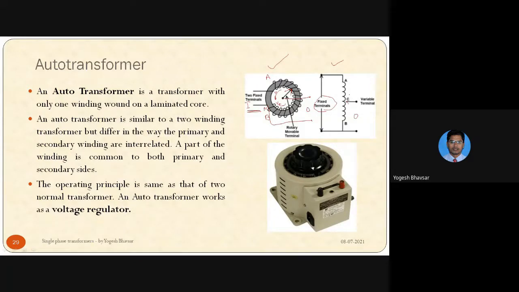When we slide this up, we get increased voltage, and when we decrease it, we get decreased voltage. So this is the variable terminal by which we can get any desired voltage from this auto transformer. This is also called a variac, as it gives variable voltage at the output.